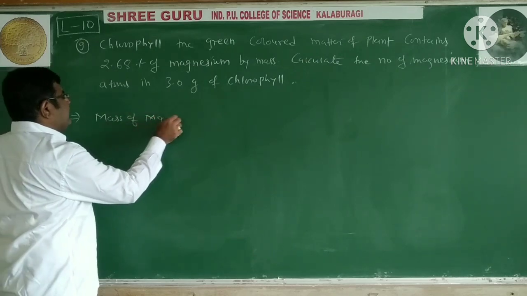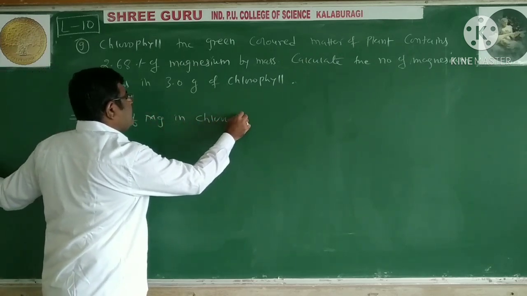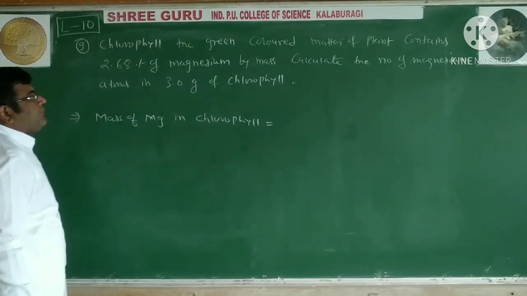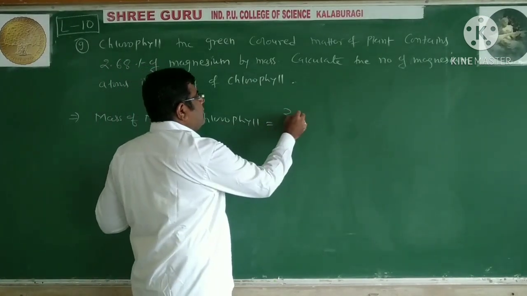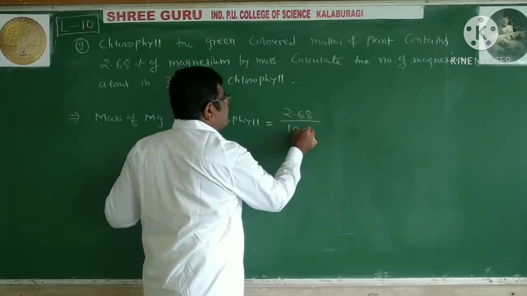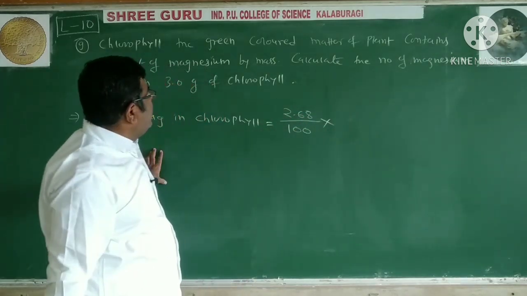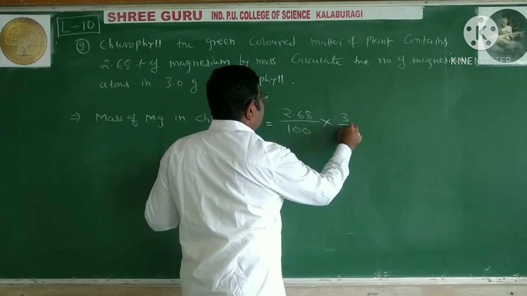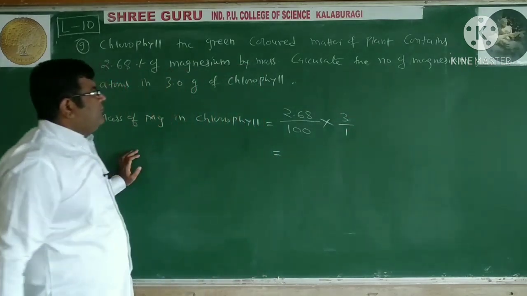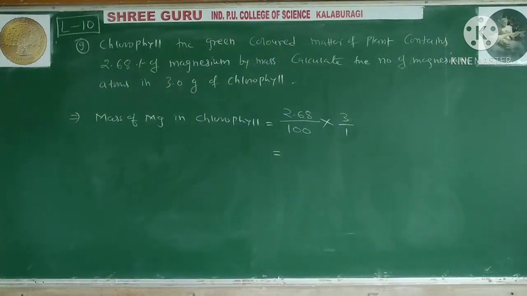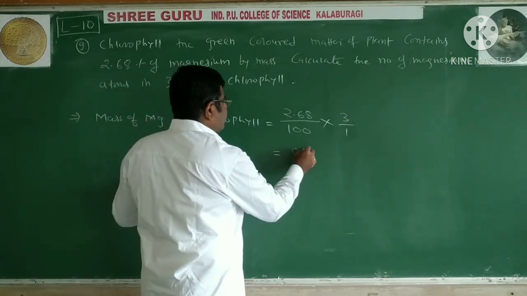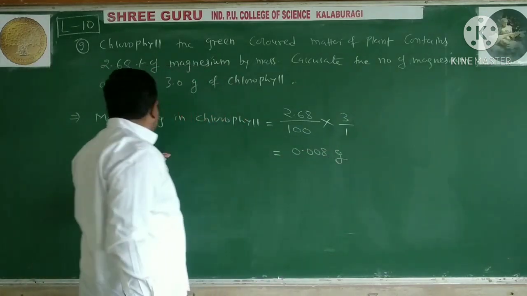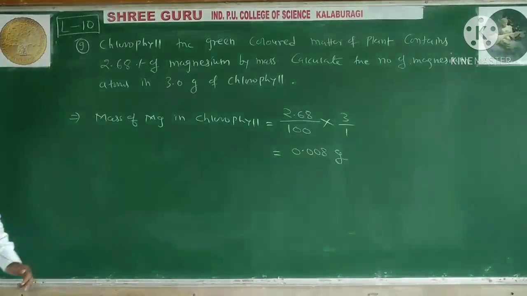Mass of magnesium in chlorophyll is equal to 2.68%, which means 2.68 gram out of 100 gram, and we have 3 gram of chlorophyll, so it is 0.08 gram. So the mass of magnesium in chlorophyll is 0.08 gram.